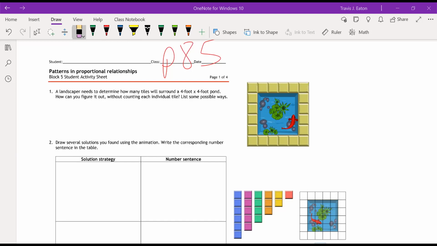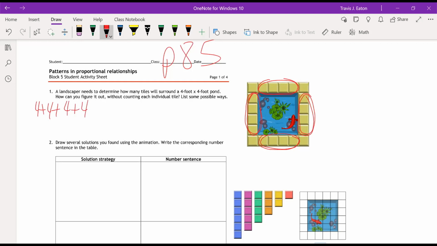Well, I'm looking at it this way. What if I look at, okay, here's 4, and here's 4. Here's 4 more. Here's 4 more. So I've got 4 plus 4 plus 4 plus 4.